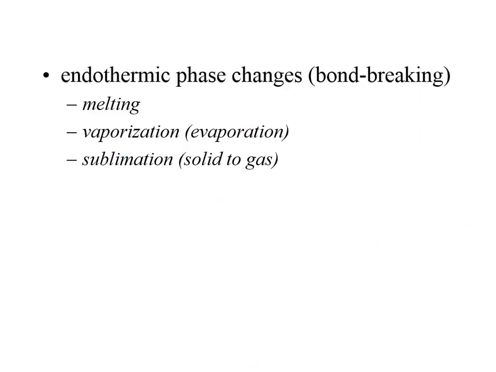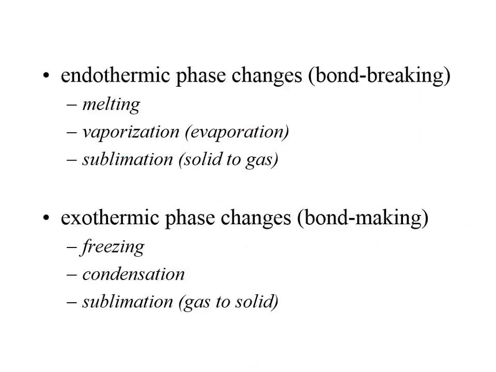Okay, so I'll put both of these up here. We've been kind of talking how this works. Endothermic, exothermic. Endothermic, put energy in. What phase changes would those be? That would be the ones you think about heating to make it happen. So that would be melting and evaporation, or sublimation.